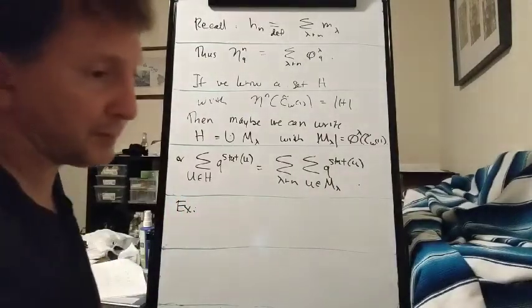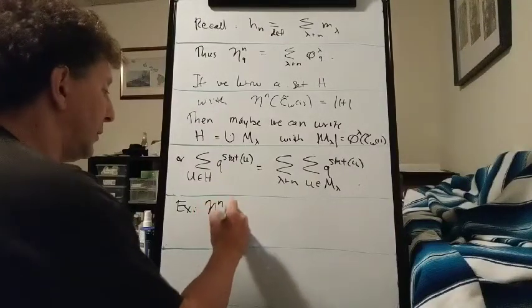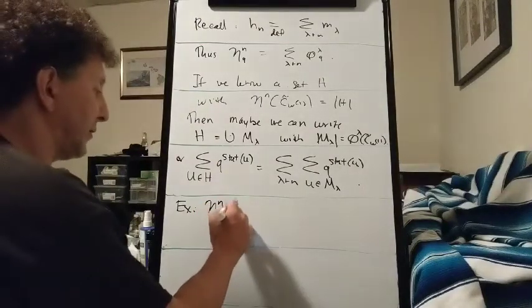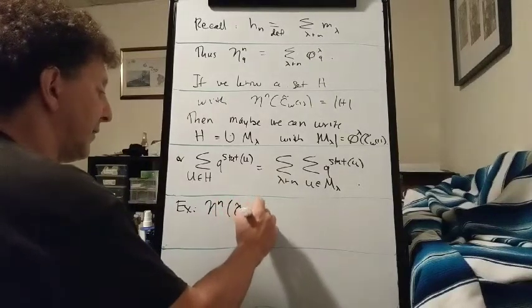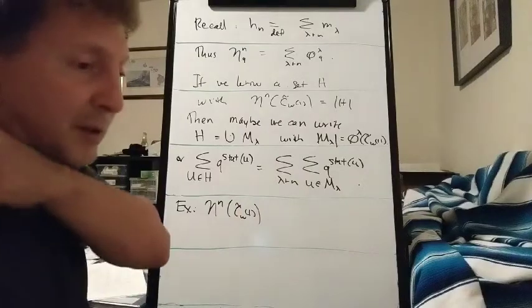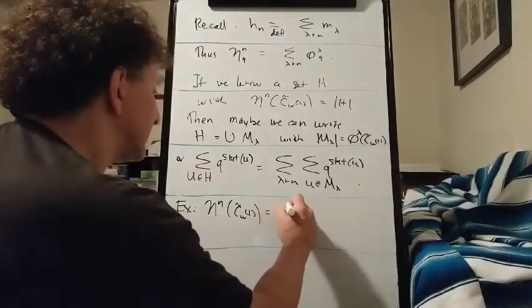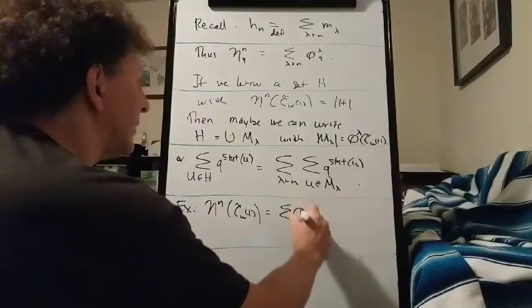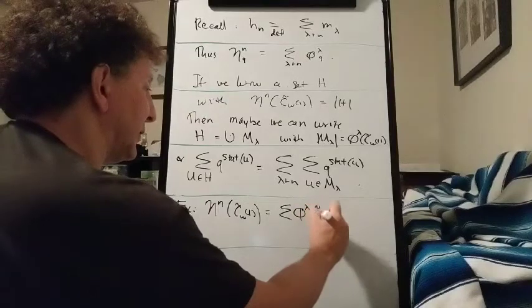So for example, we have the trivial character eta n evaluated at a Kazhdan-Lusztig basis element equal to, well, this is a sum of monomial traces evaluated there.